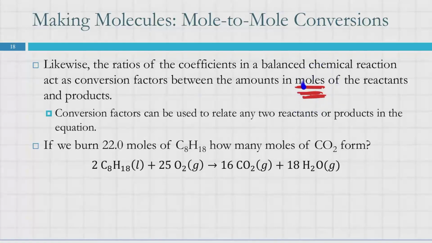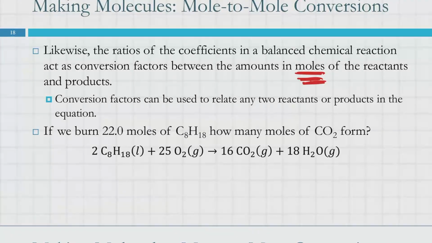We're specifying moles here instead of grams, because grams is just the mass, how much total matter there is, and moles is like how many pieces there are. And we care about how many pieces there are. So we can use conversion factors to relate any 2 reactants or products in our equation.